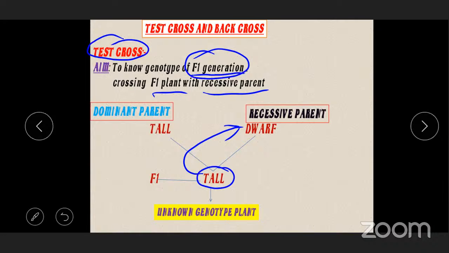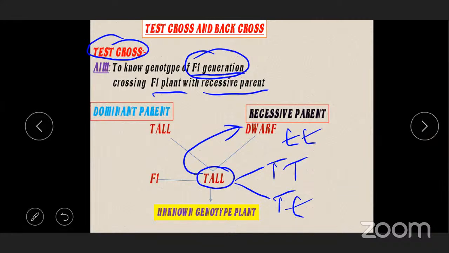Dwarf. Dwarf means small t, small t. There are two possibilities in the tall. Sometimes the tall may be capital T, capital T. Sometimes the tall may be capital T, small t. The tall may be homozygous or heterozygous, whatever it may be. There are two possibilities in this phenotype.